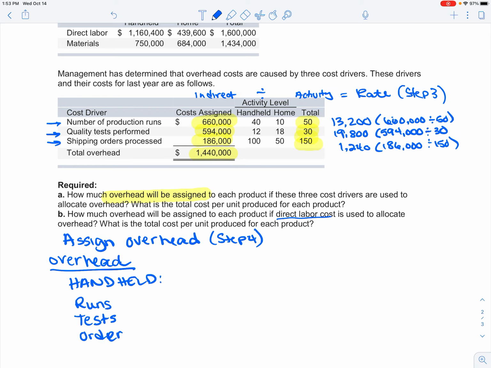So those are our 3 activities we're looking at. We're going to bring down those rates that we just calculated. Those are coming from right here. And we're going to multiply that by our activity.